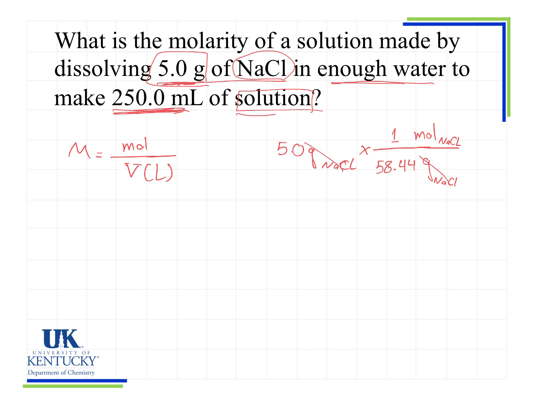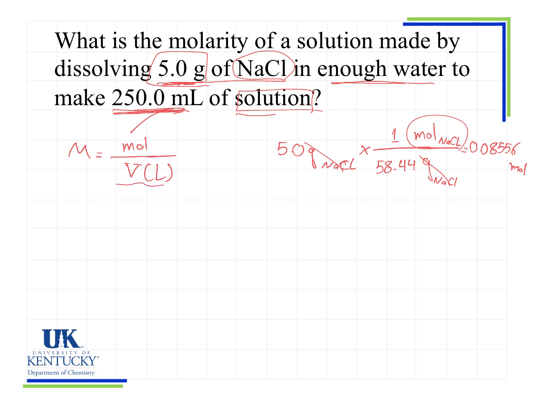So you can get rid of gram with gram and you have moles, and you have 0.08556 moles of NaCl. So you have the mole.